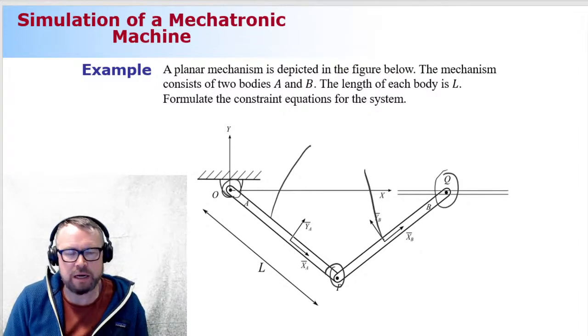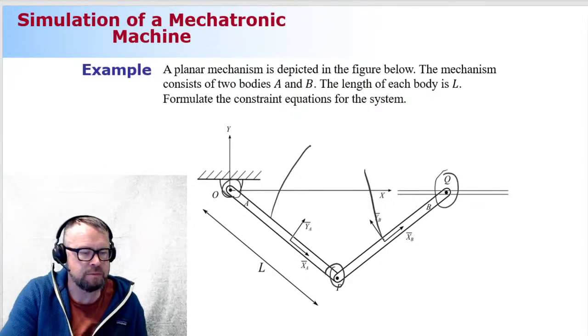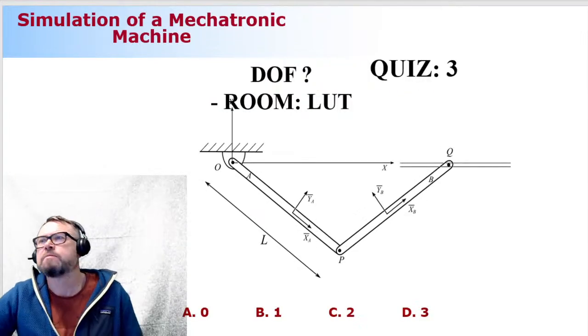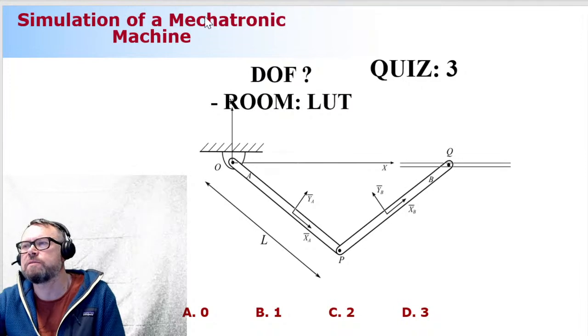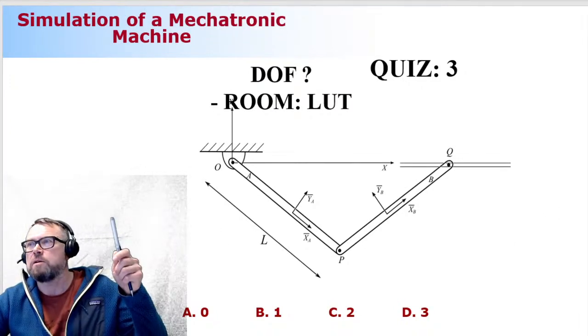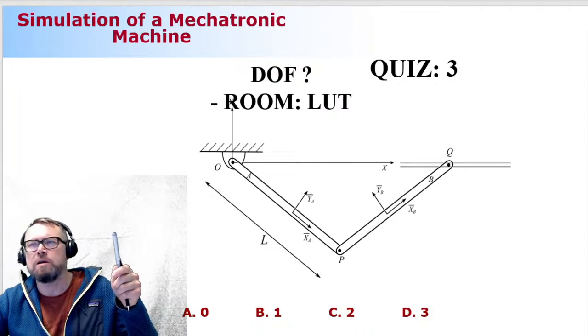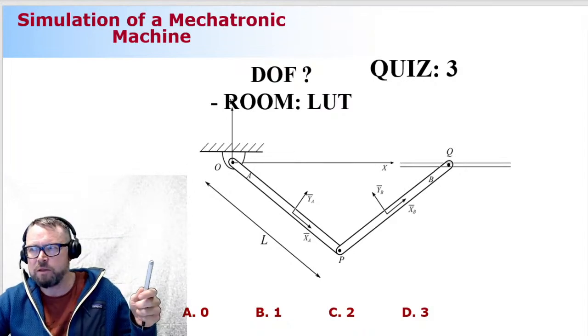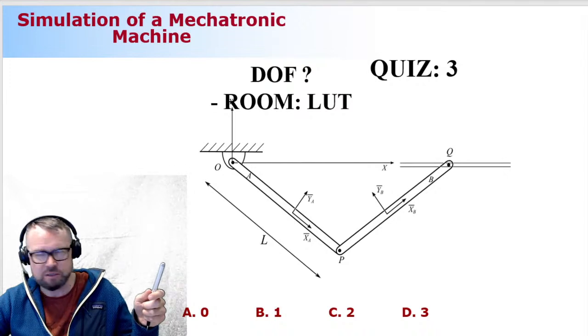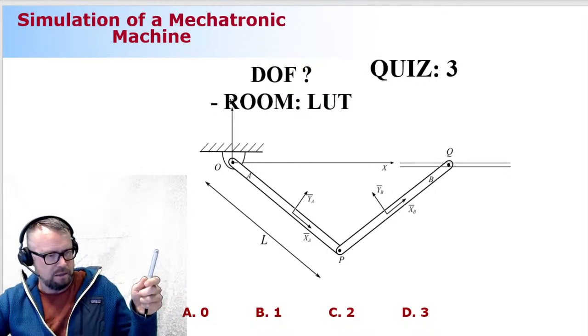But prior to that, let me ask you this. What is the number of degrees of freedom of this system? Don't answer yet. Hold on. Don't answer that yet because I need to put it on. And even before you enter the answer, let's take a look at something that is interesting.